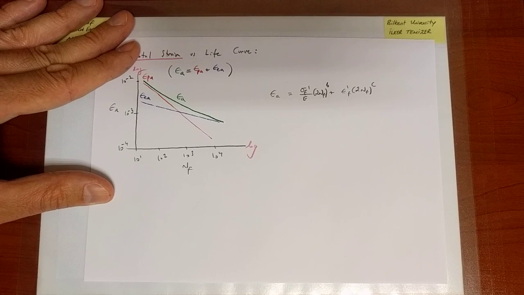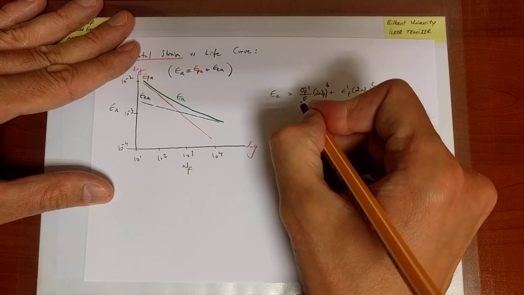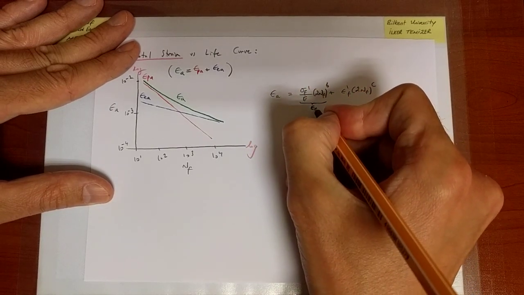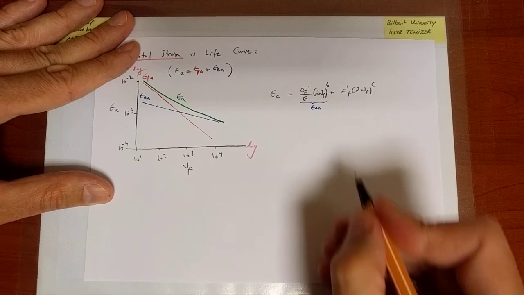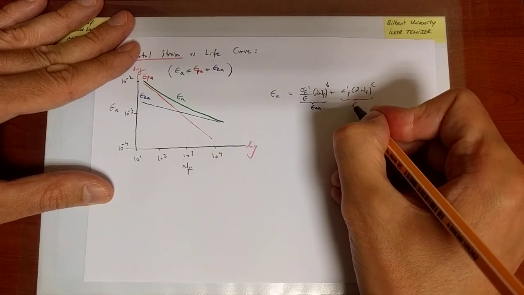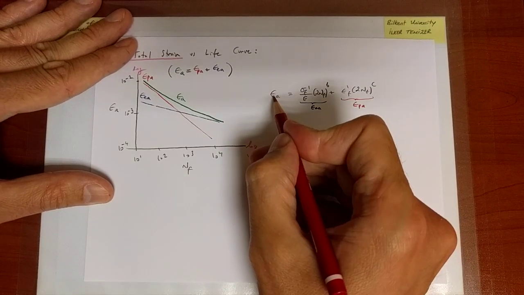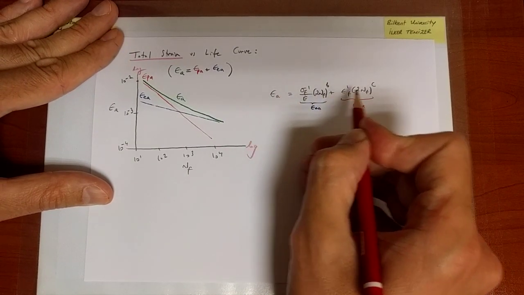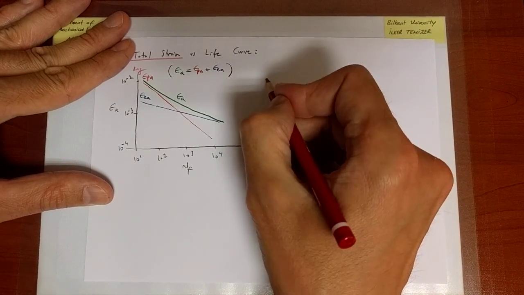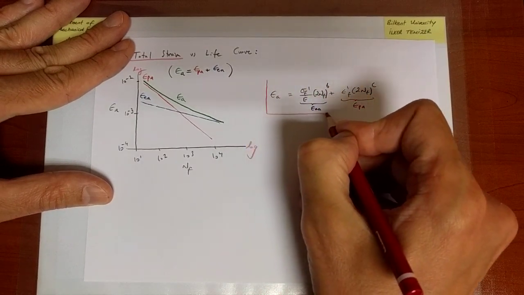And now this allows us to have a final relation between the total strain amplitude and number of cycles to failure. Okay, so this is what we were aiming at.